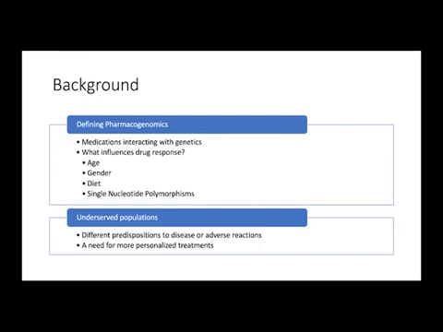So why is this important? Well, if we're able to take these types of things into consideration, basically these mutations for various groups, we're more likely able to provide personalized treatments that work for them, while also avoiding any unwanted adverse effects.